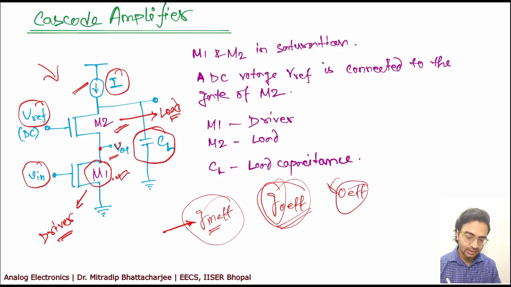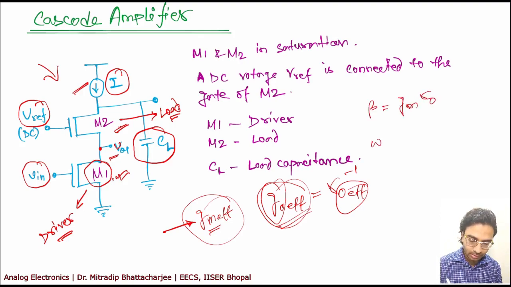You can say this as ro effective. So go effective is basically the reciprocal of ro effective, right? And what is your beta value? Beta value is gm times ro, and your omega T is gm by Cin.